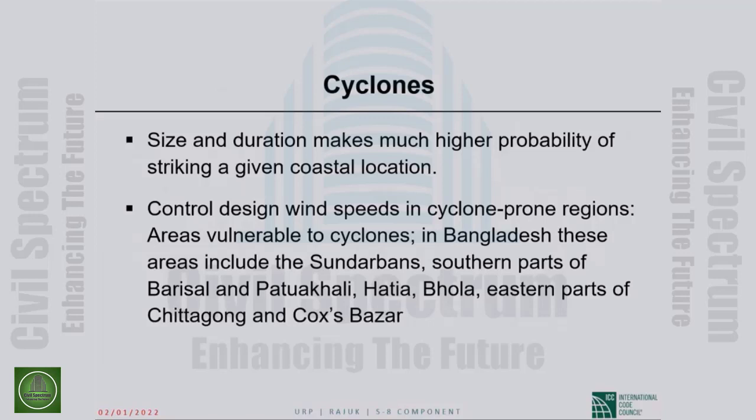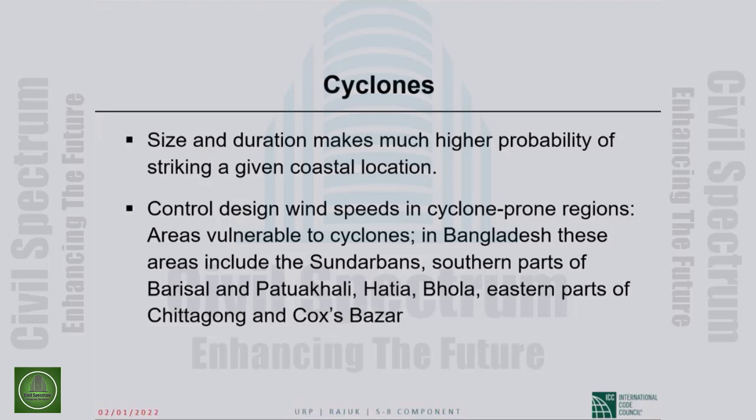Size and duration. So coming back to hurricanes or cyclones, the size and duration, the two things that we were talking about, that these huge storms cover a large geographic area and move very slowly. They sit there for a long time. Size and duration make for a much higher probability of striking a given coastal location, unlike, again, tornadoes, localized in time and space.